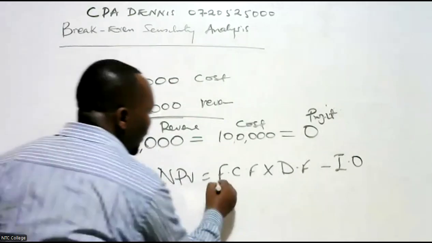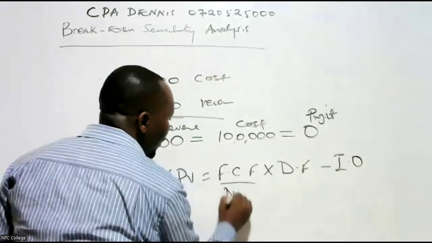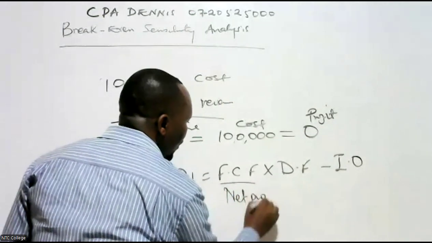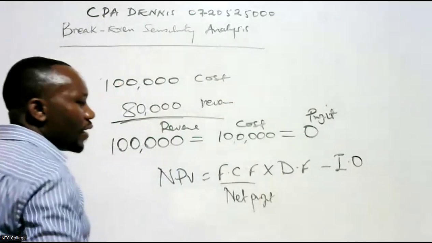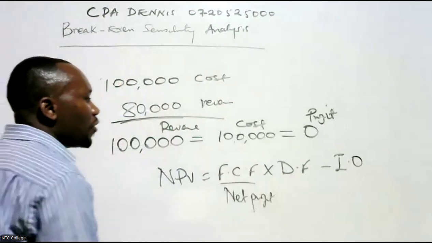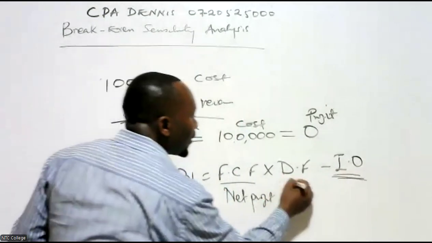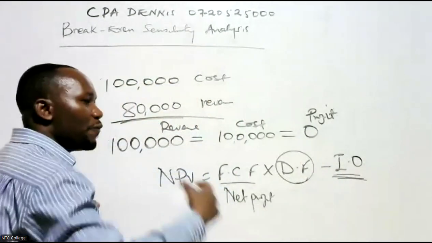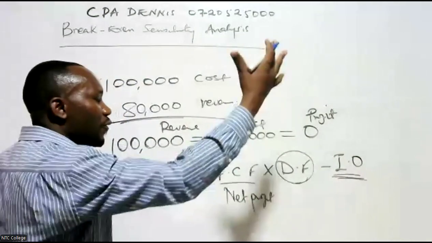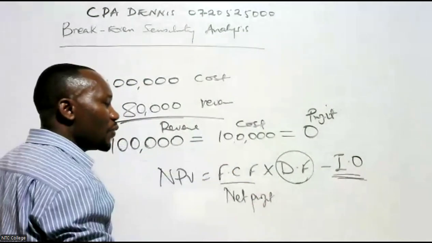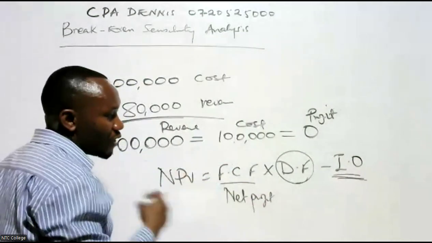The free cash flow is basically the net profit that you're getting annually. But because you want to compare it, you want to subtract the initial cost, you have to discount this. That means that future cash flows do not have the same value as current cash flows.